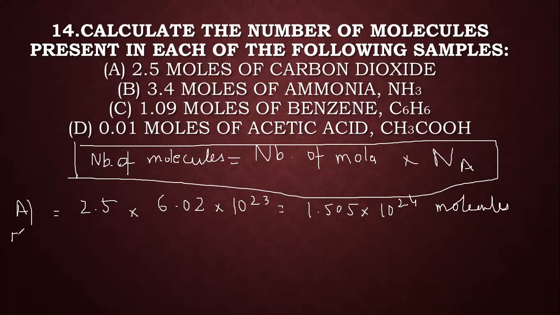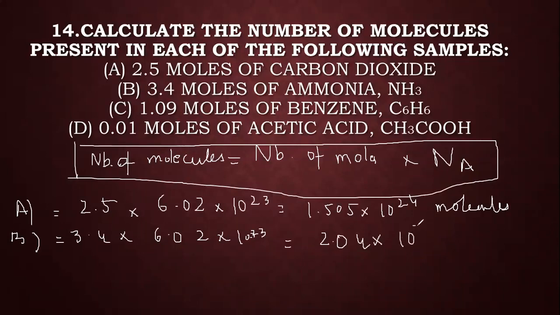Now in part B, the value is 3.4 multiplied by 6.02 into 10 raised to power 23. The value must be equal to 2.04 multiplied by 10 raised to power 24 molecules.